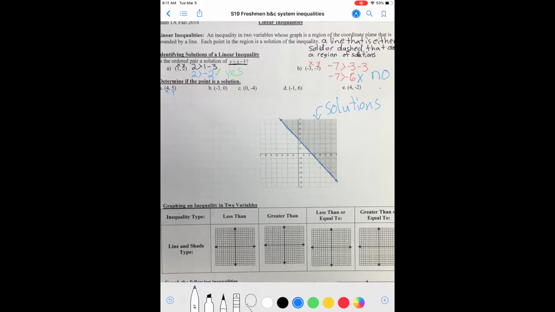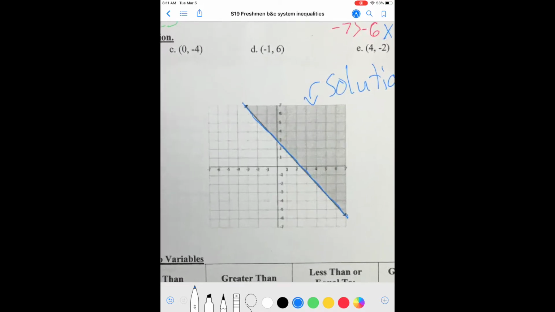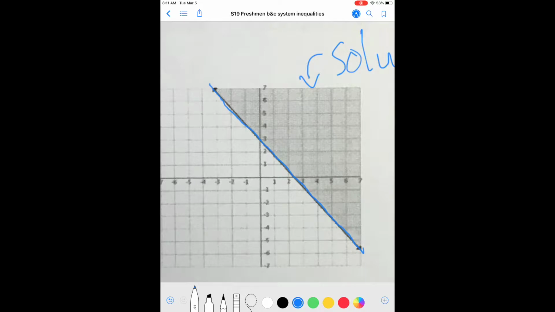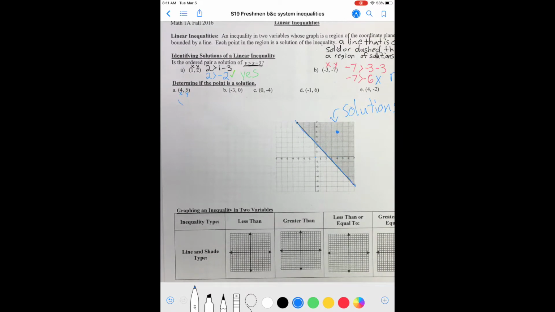All of the shaded area are solutions. So 4, 5. Let's go in there just a little bit. Start at the origin, go over to 4, up to 5. So that point right there. Is it in the shaded area? Yes. So it is a solution.